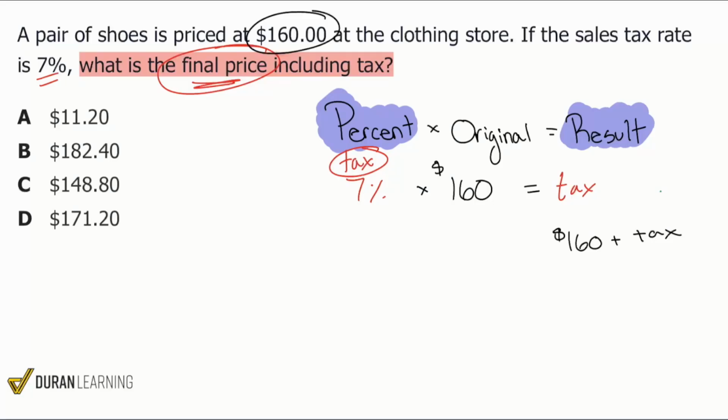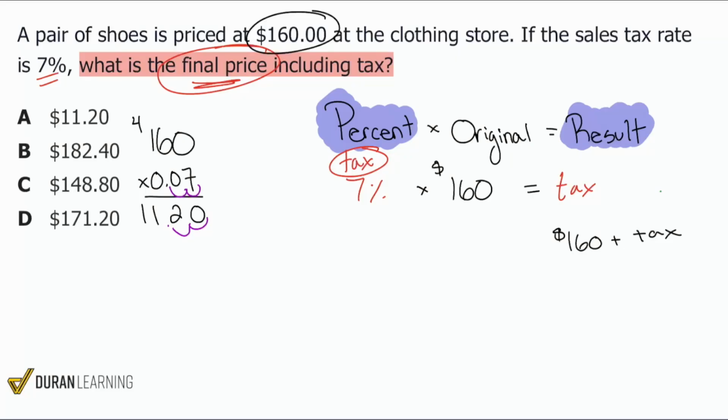So here we go. 160 multiplied by 7%. 0 times 7. 6 times 7 is 42. Carry that 4. Then we have 1 multiplied by 7. Add that 4, and that's 11. So we have 1120, but we have to remind ourselves that we have 2 decimal places, and so we'll bring those back.